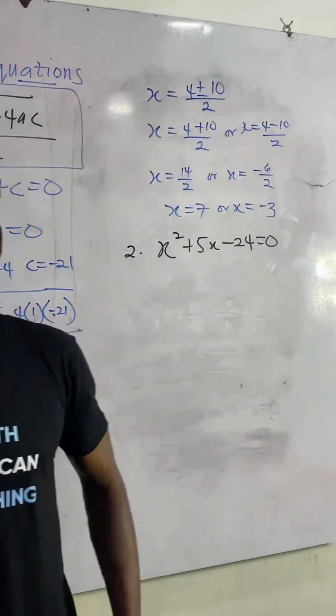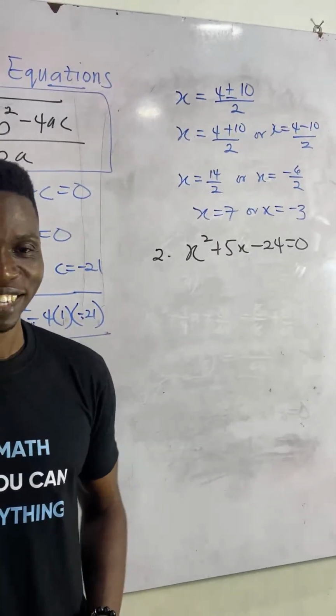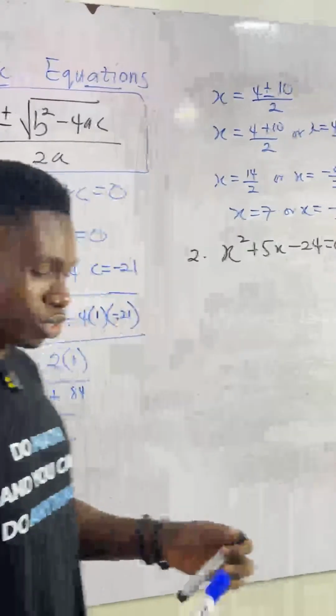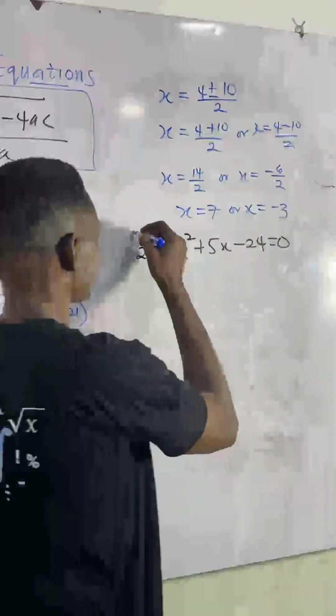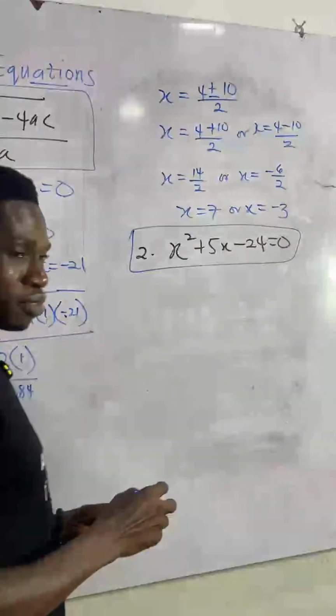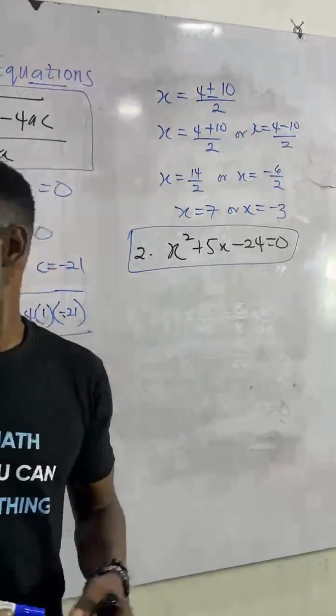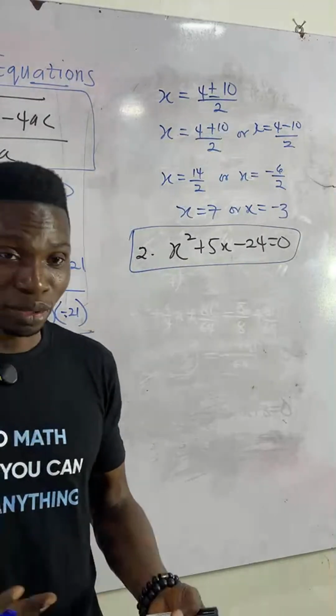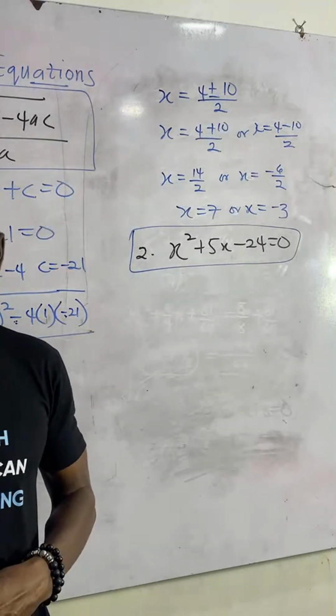Alright, sorry, that was a break in transmission. So now I want you to quickly solve this before we round up. So solve this problem quickly using the formula method. Try to solve it quickly.